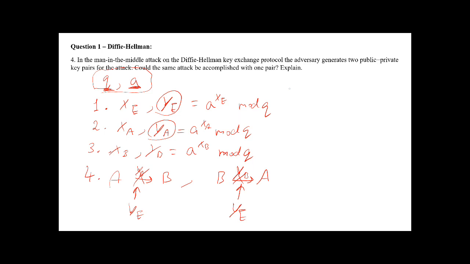So when both start creating their shared keys, A will generate a shared key between her and Eve, and Bob will create a shared key between him and Eve. So basically, both parties, Alice and Bob, will communicate through Eve.